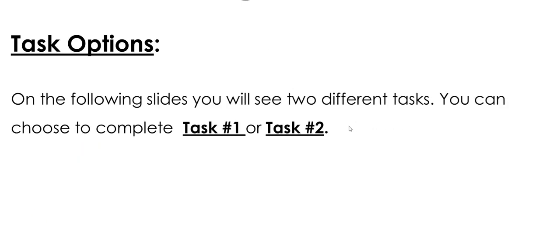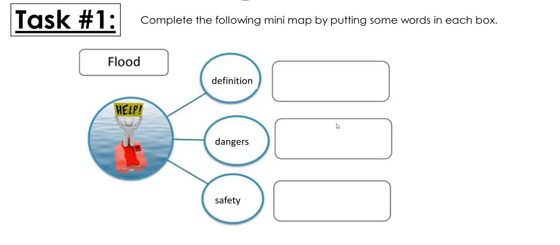We have reached the task options. We have 2 tasks in the following slides. You can choose to do task number 1 or task number 2. Okay, in task number 1, complete the following mind map by putting some words in each box. What you need to fill in is the definition of flood, dangers of flood, and safety of floods.